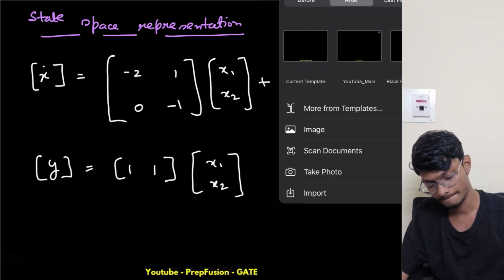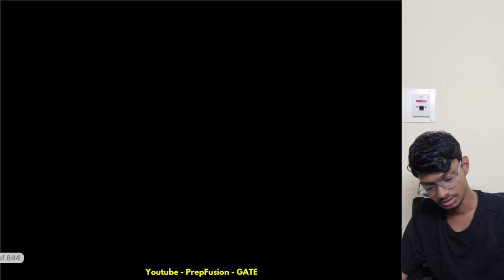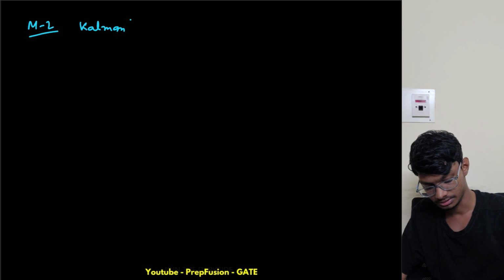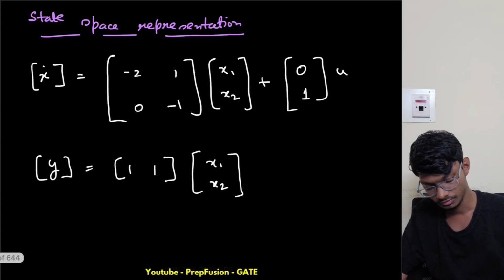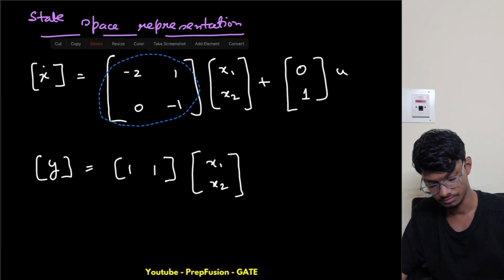So what is method 2? I'm solving using Kalman's test. So method 2 is Kalman's test, right? You know A, you know B, so you simply solve that.